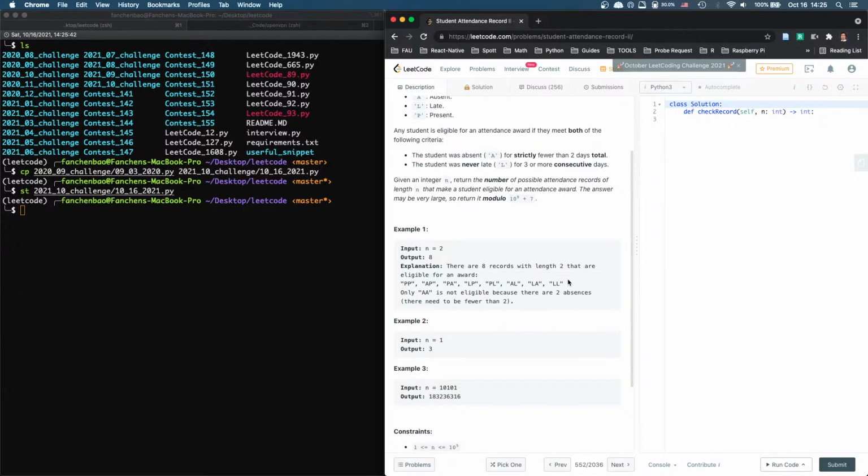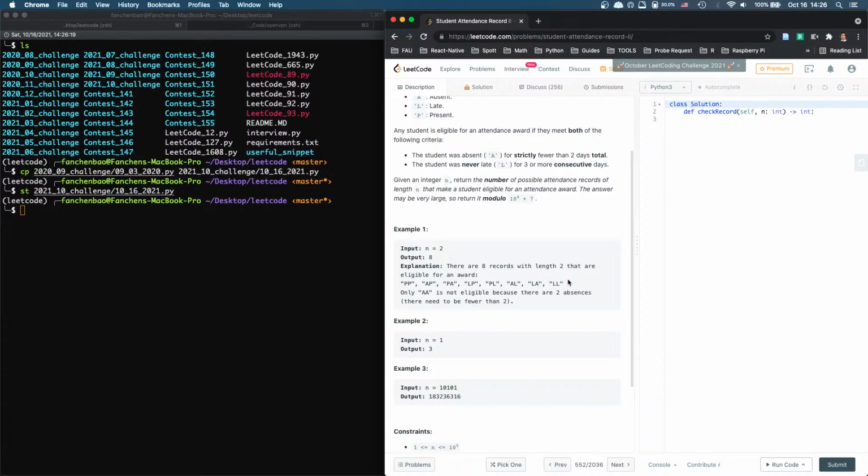Okay, so that's when the first is P. Now the first is A. If the first one is A, everything is allowed for that. So the first one is A, and the remaining must be 0, 1. So we do not allow A again, so that is going to be a 1, 1 situation. We're only going to add to 1, 1.